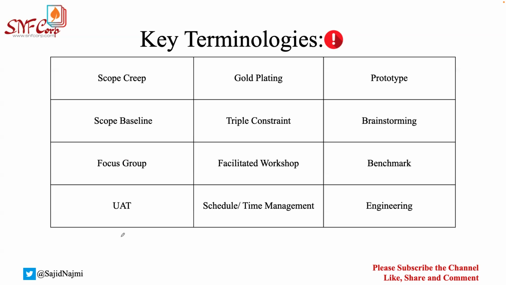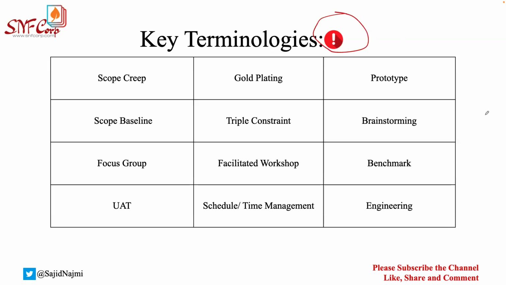Whatever you develop, somebody from the user, from the business side, has to test and approve whether those changes are as per the requirement or not. So we will be learning more about the UAT processes, and you will keep hearing these terms like engineering and all those terms. So keep an eye on this, and you see here the red symbol.